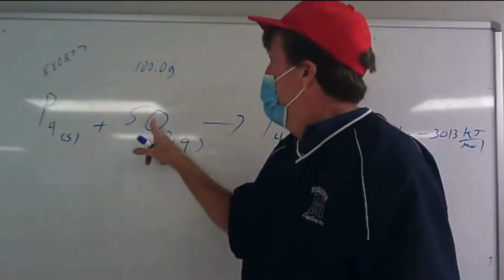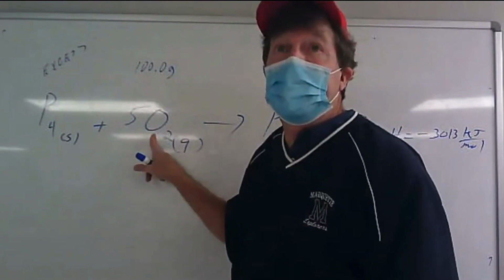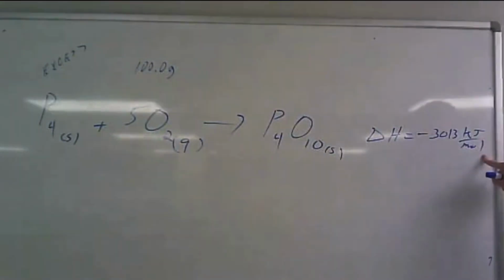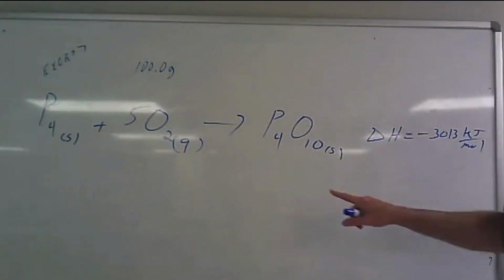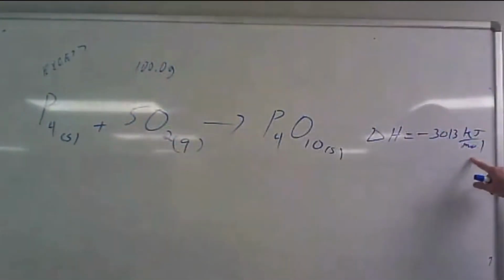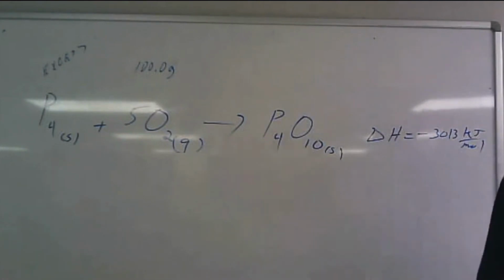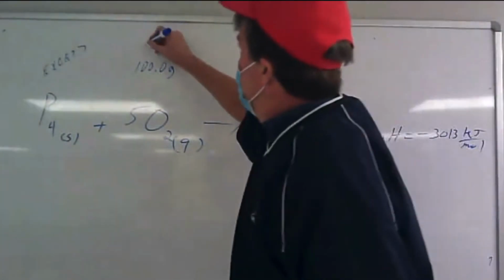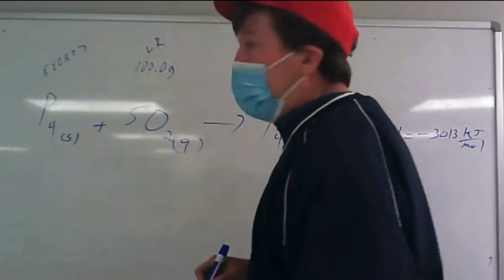Why am I using this as limiting? Because I want to force you. So you people that raised your hand said you were going to forget that. I'm going to force you to use that coefficient in the solving. So how much energy is released in kJs if this much oxygen gas reacts.